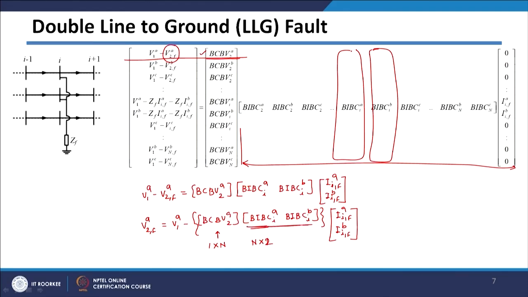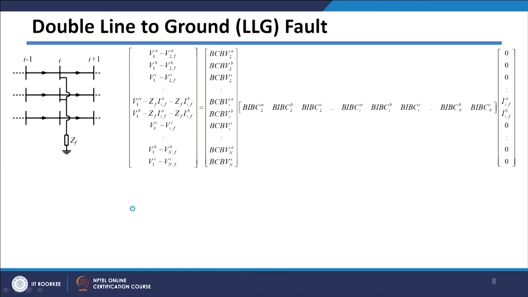So size of this part will be actually 2 columns and n rows, and size of this current part is actually 2 rows and 1 column. So overall, from this we will get 1 multiplied by 2, and from this you are getting 2 multiplied by 1, so finally you will get a 1 by 1 size matrix, which is basically the voltage here.